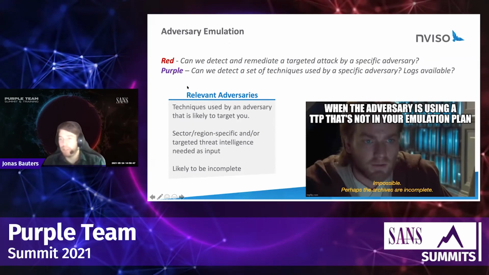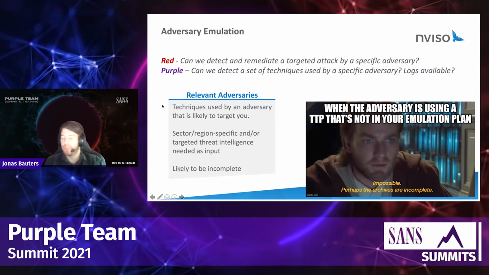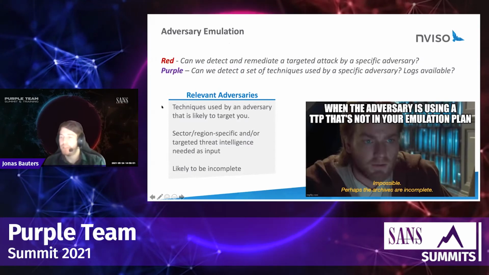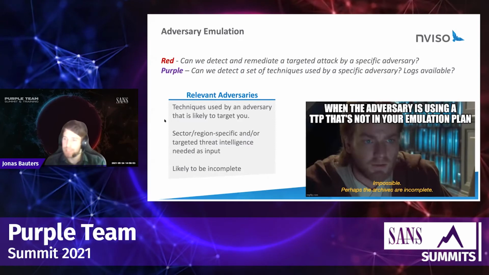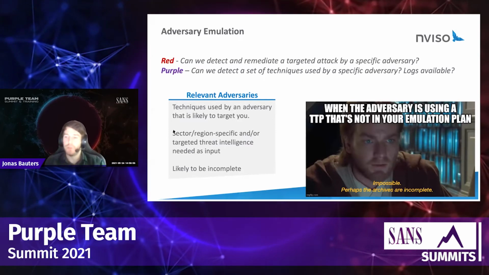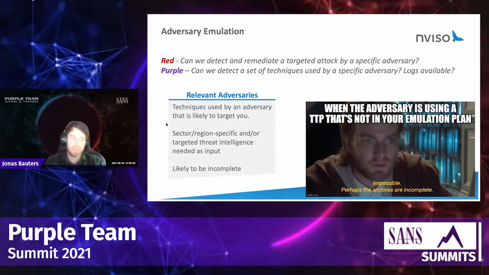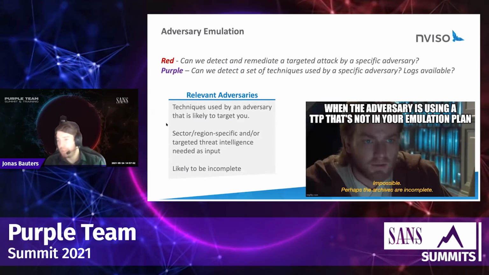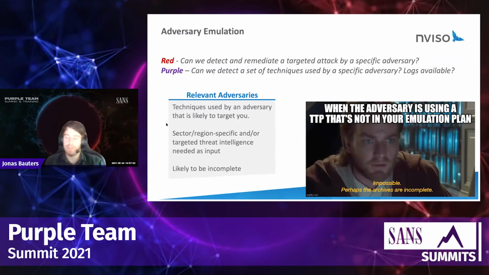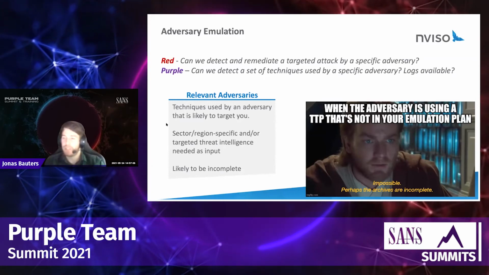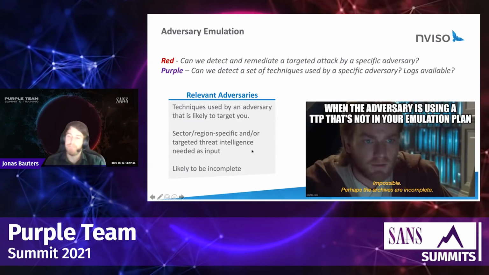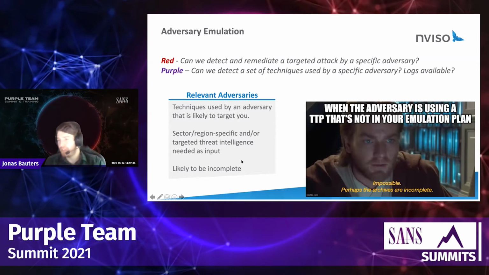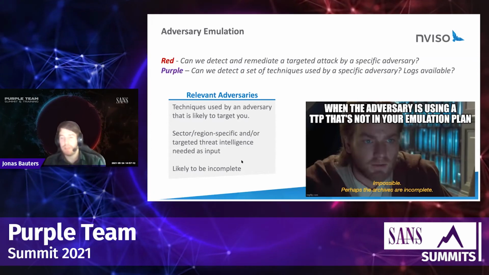So selecting relevant techniques here boils down to selecting relevant adversaries and then testing their techniques. So here you need to know what kind of techniques the adversary is using, or would be likely to use. And for starters, know what kind of adversary would target you. So for this, threat intelligence is needed as input.